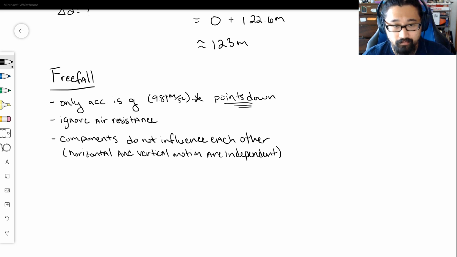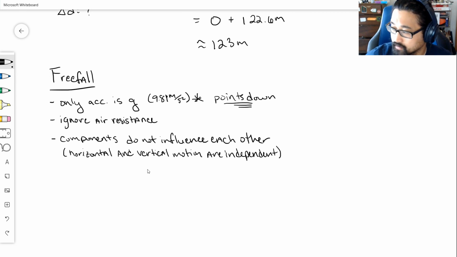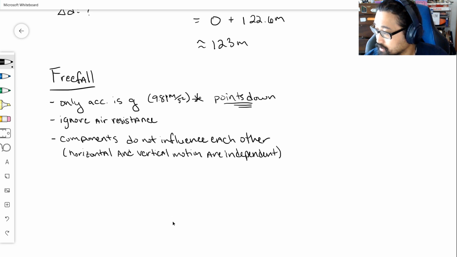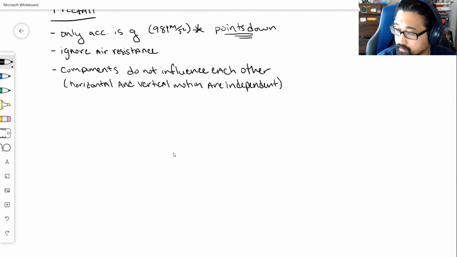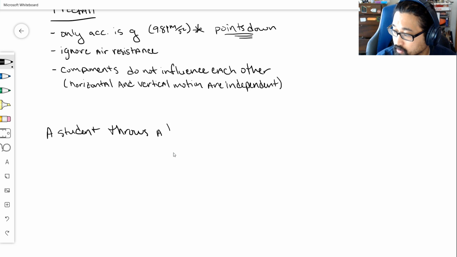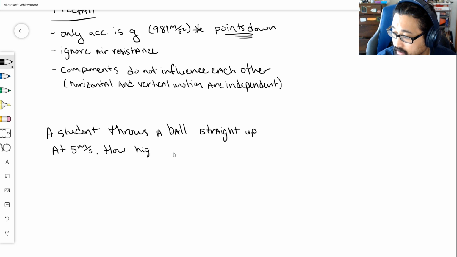But then I did a question about how a student throws a ball straight up at 5 meters per second. And the question is, how high does the ball go?